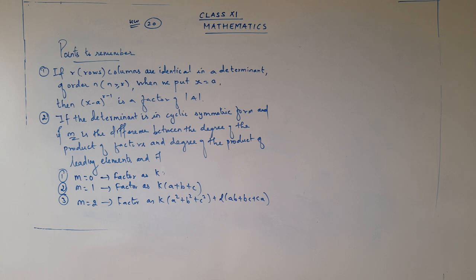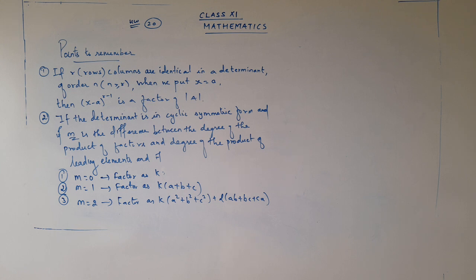And if m is 2, the factor is taken as k into a square plus b square plus c square plus l into ab plus bc plus ca.